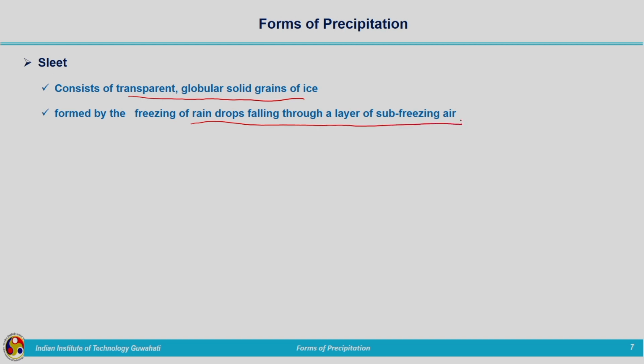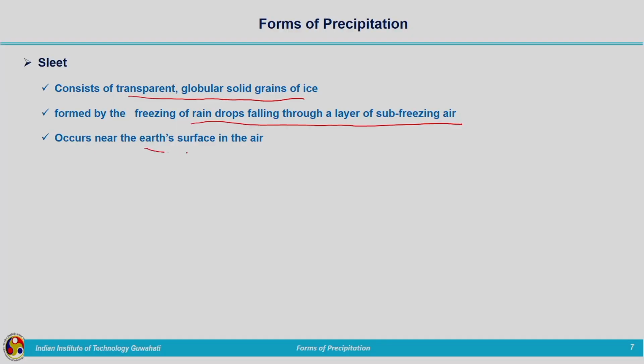So, a raindrop is falling down, and it passes through an air mass which is at sub-freezing temperature. At that time, these raindrops will be entrapped with air and converted to solid form. It occurs near the earth's surface. The formation happens in the air only, but very close to the ground surface.